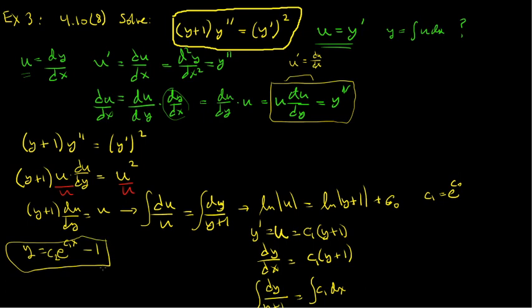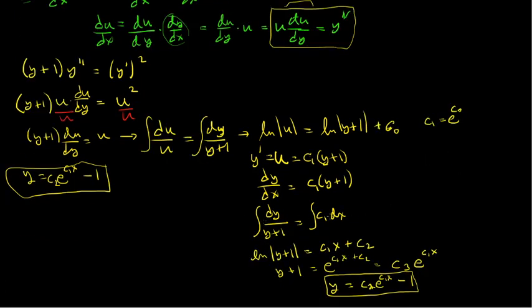Yeah, this one's a little more complicated, because if you have both y prime and y double prime, you still use this substitution, u is y prime. However, to avoid having both integrals and derivatives in the same equation, you have to do this little reverse chain rule technique and get a differential equation with u and y. Integrate that, and then integrate one more time to get y as a function of x.